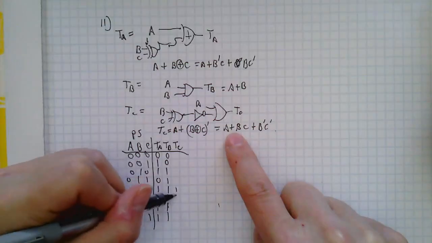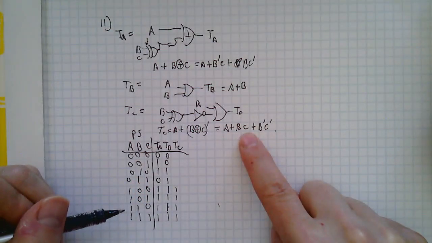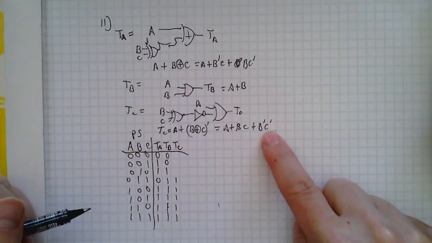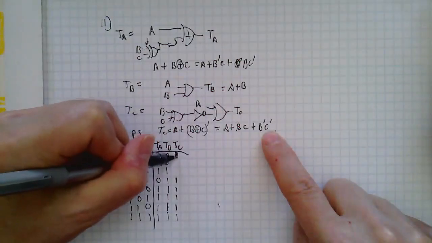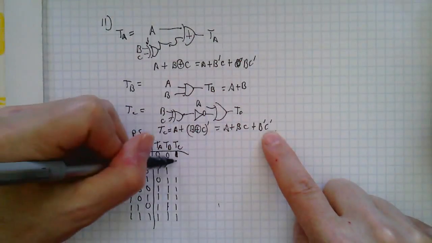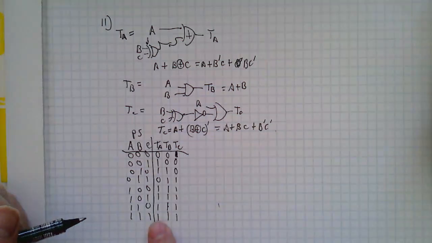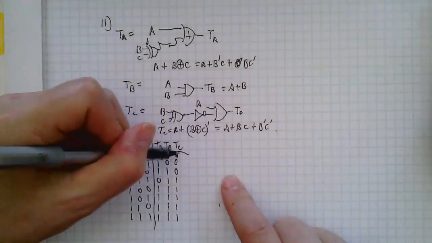I have BC, so if I see 1, 1 in the least significant 2 bits, put in a 1. I have B prime C prime, so if I see 0, 0 in the least significant 2 bits, I put in a 1. Otherwise I put in 0. These toggle flip-flop inputs will toggle the present state to give me a next state during the next clock cycle.